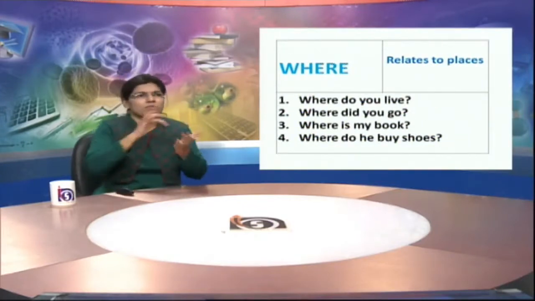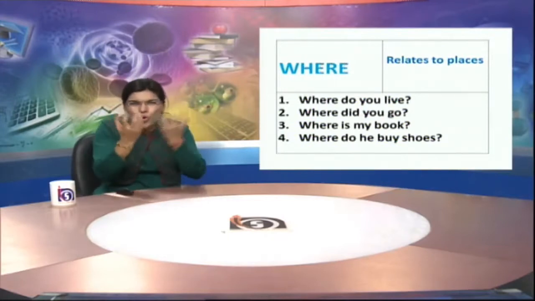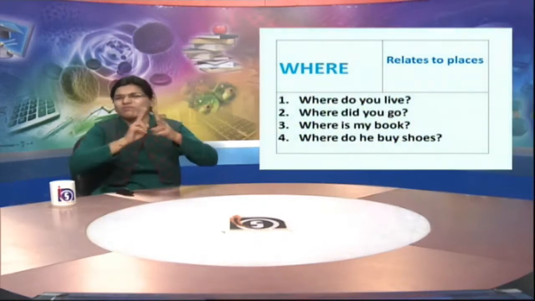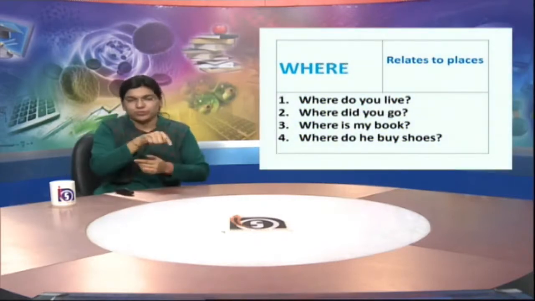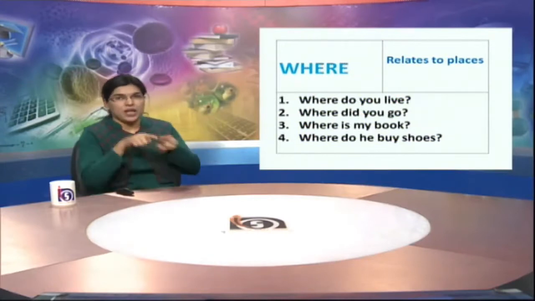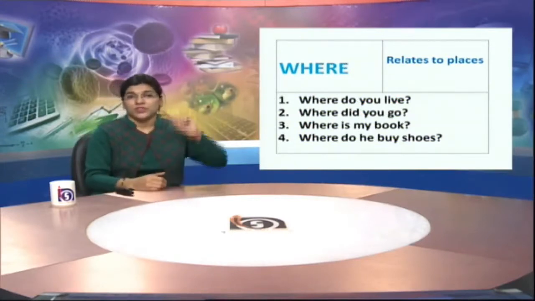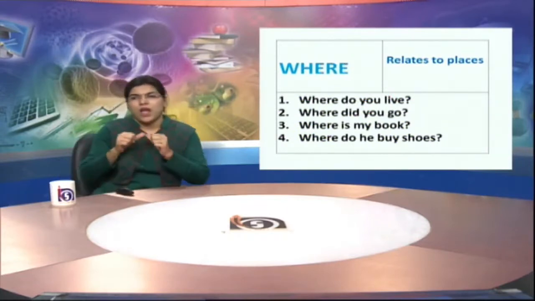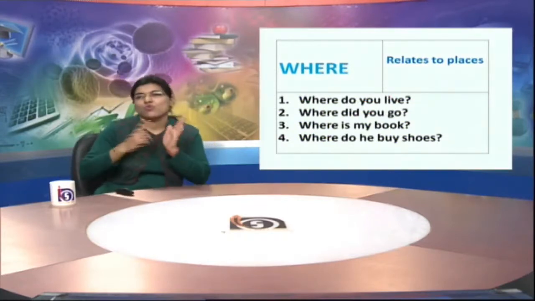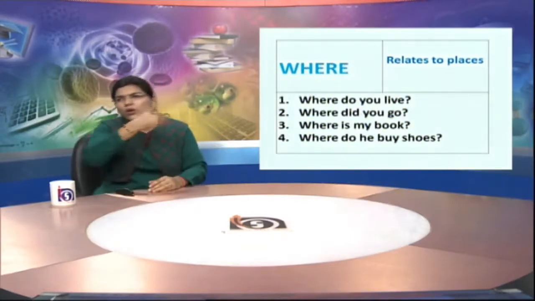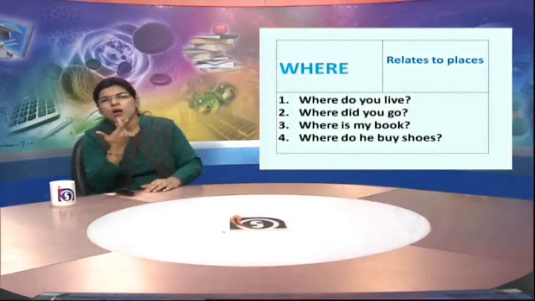Where? Asking where relates to places. This is the sign of where. These are the examples. First example, where do you live? My answer could be, I live in Delhi, I live in Bombay. Second is, where do we go?